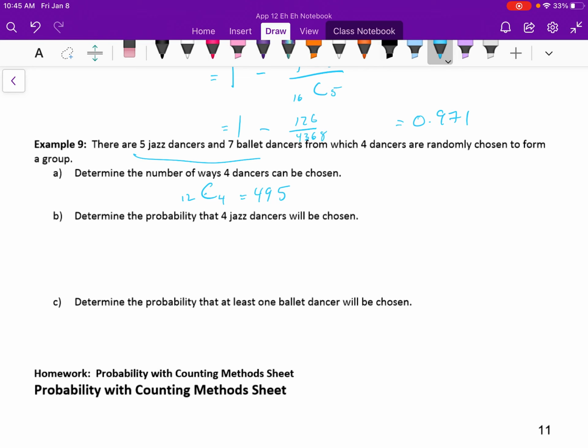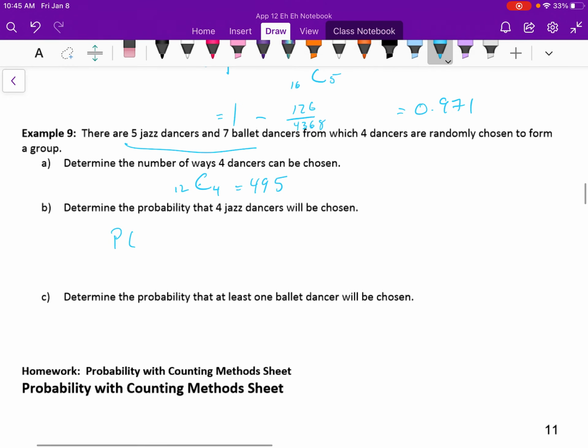Determine the probability that I pick 4 jazz dancers. Now, the probability of picking all jazz dancers, or 4 jazz, actually, I like all jazz. This is the probability, so I'm still picking 4 people from a group of 12.